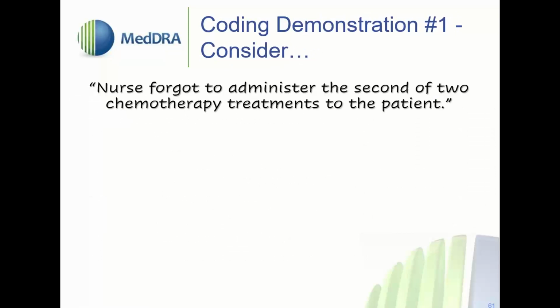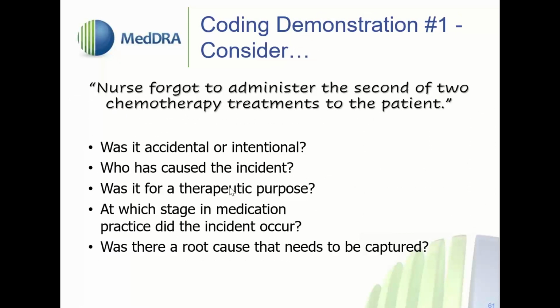So here is our first demonstration to consider. It is reported that the nurse forgot to administer the second of 2 chemotherapy treatments to the patient. What can we take from this report? Is it reported whether it was accidental or intentional? Yes, we know that the incident happened accidentally, right? The nurse forgot. So do we know who caused it? Yes, an HCP, a nurse, in this case.